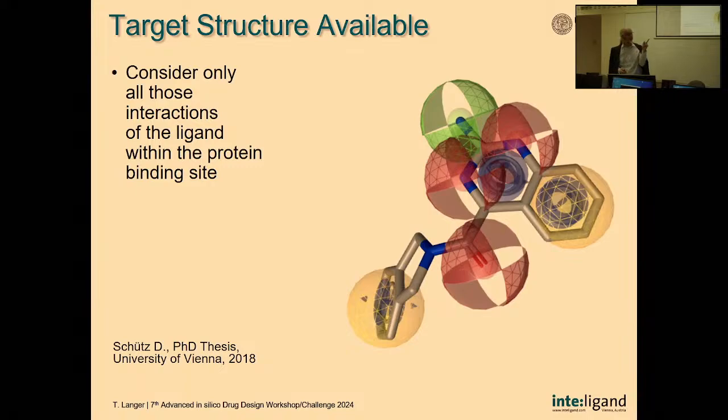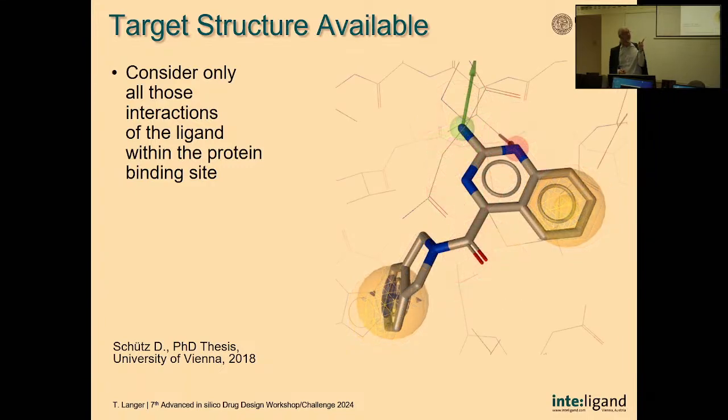When you look at all of them, and then look at the protein, you will see that a few of them are just not necessary at all. And only those features that are listed here now are those characterizing the interaction of this ligand with the protein binding site. Each ligand will be a little bit different. But these pharmacophore features are a little bit fuzzy, so they have spheres and vectors with tolerances.